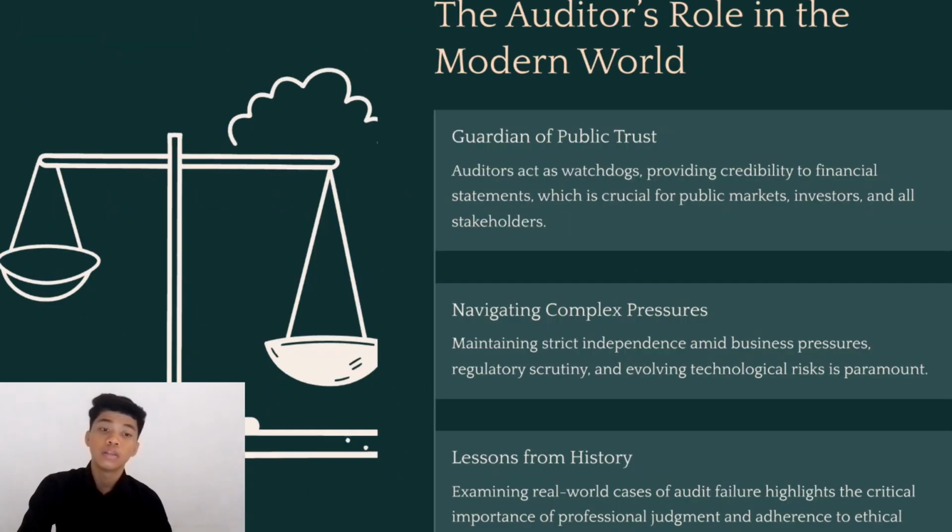So the next, the auditor's role in the modern world. Number one, a guardian of public trust; the second, navigating complex pressure; and the last, lessons from history. As a guardian of public trust, the auditor acts as a watchdog, providing credibility to financial statements, which is crucial for public markets, investors, and all stakeholders.